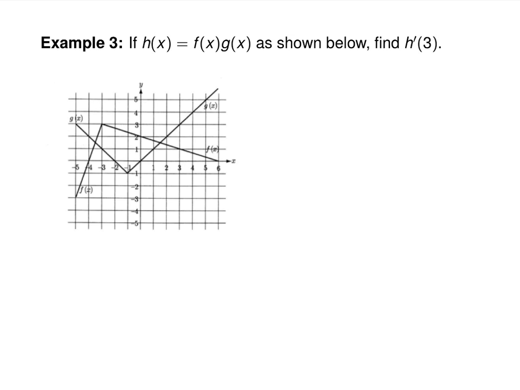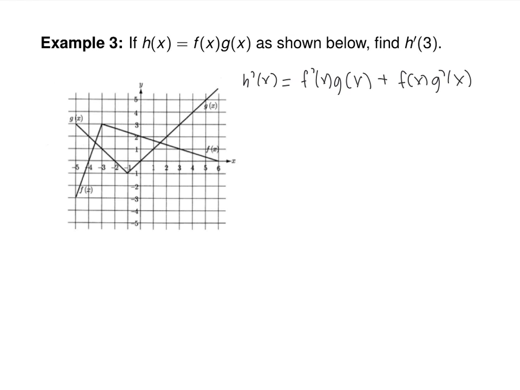All right, so if we have h of x is f of x times g of x, find h prime of 3, and I'll give you a picture. And you're like, holy moly, what do I do? Well, first of all, what is the derivative? What is h prime? Just give me a formula. f prime g plus f of x g prime, or g prime f, whatever you want to say, it doesn't matter.